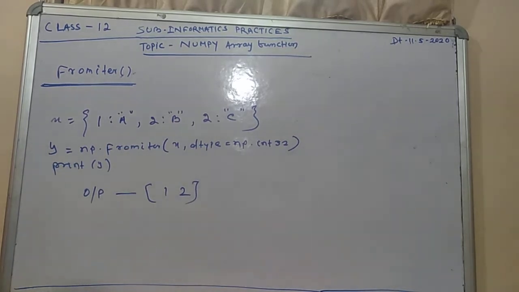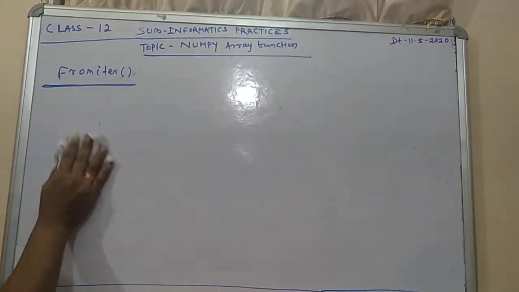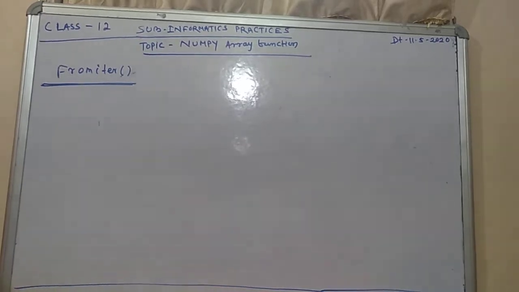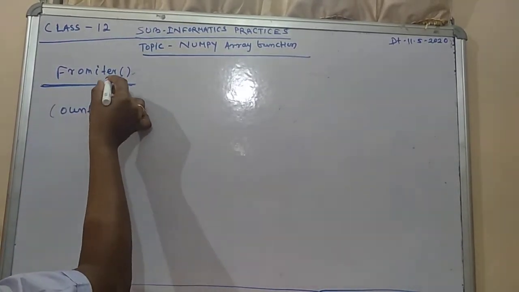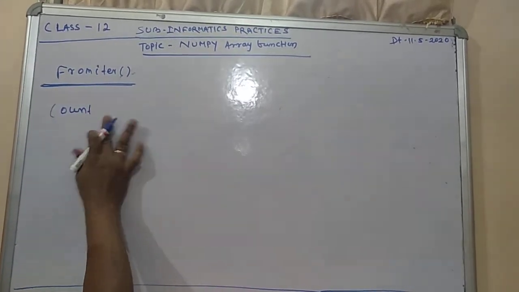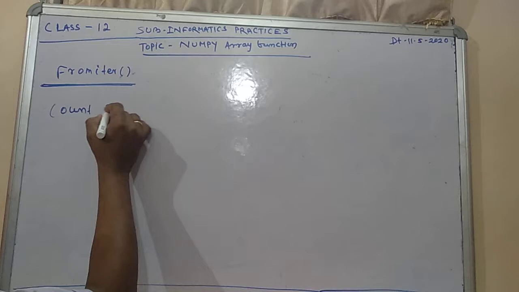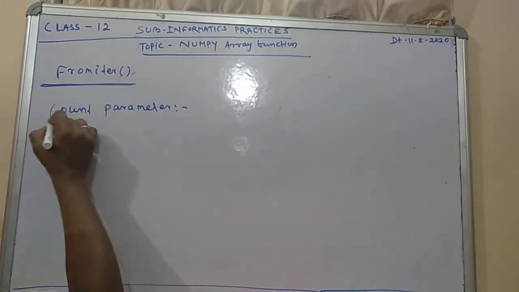And one more thing, that parameter we access, that is called the count. Next is your count parameter. Suppose in the parameter function, we insert the count parameter. What is the use, what is the role of the count parameter? Are you understanding, all of you?